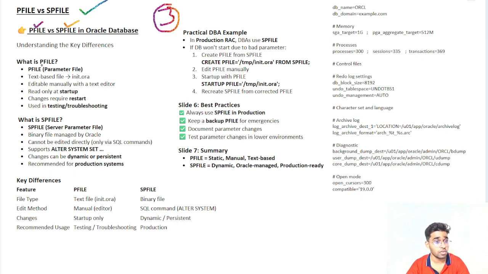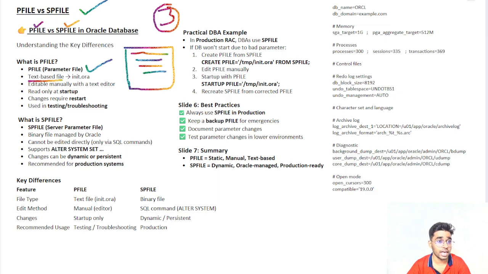First of all, PFILE is the parameter file, and this is a text-based file. We can do the modification in this file. What exactly will this parameter file consist of?